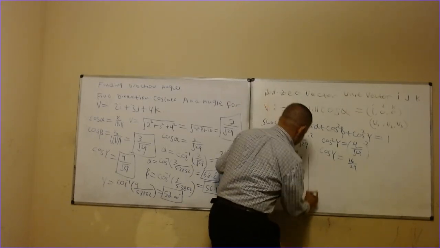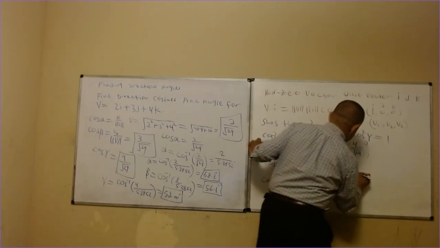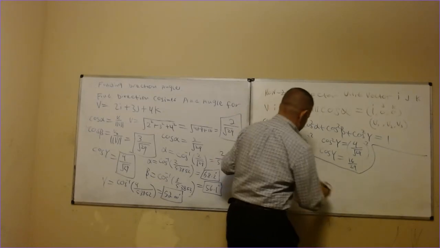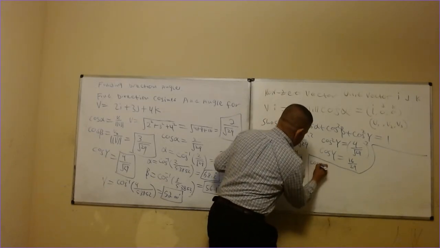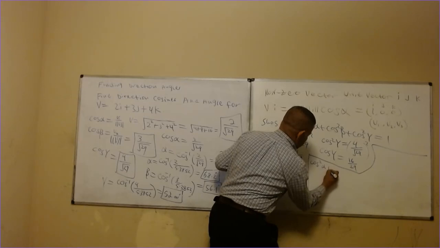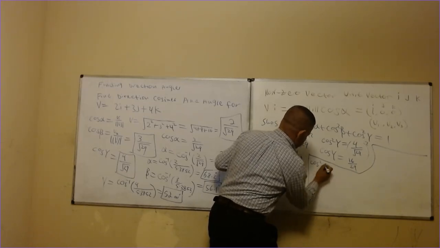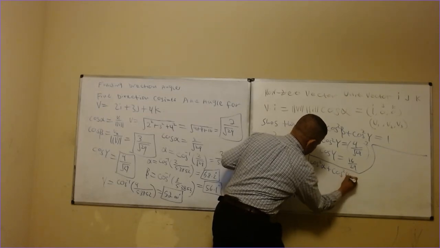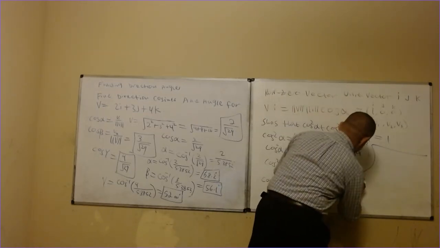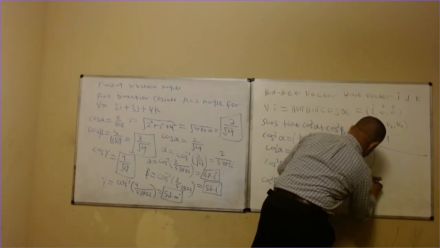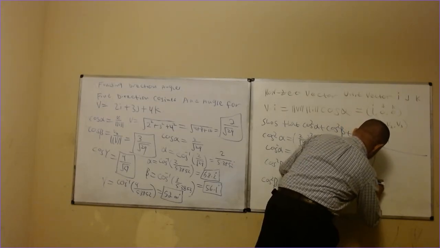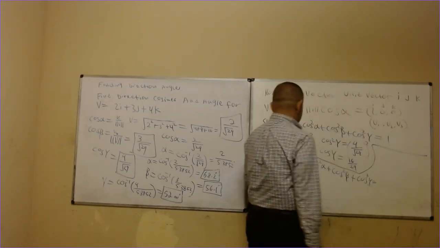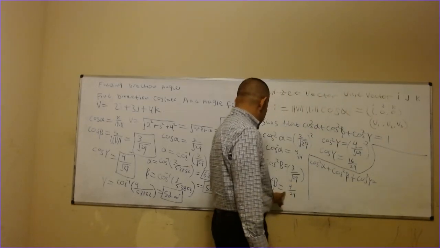Now let me just do a little box here. So cosine squared of alpha plus cosine squared of beta plus cosine squared of gamma is equal to these values, right?